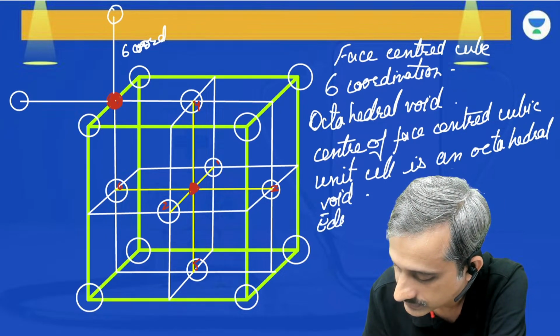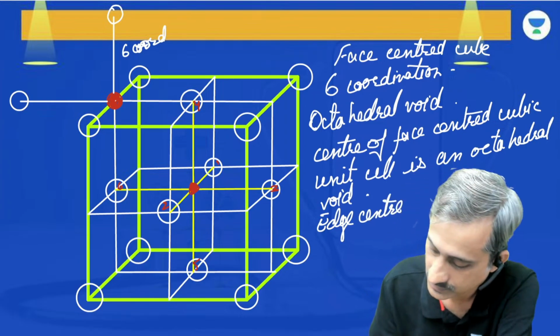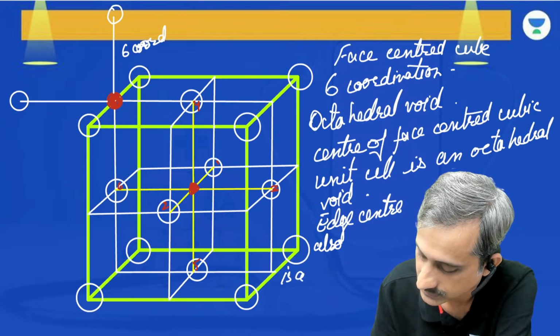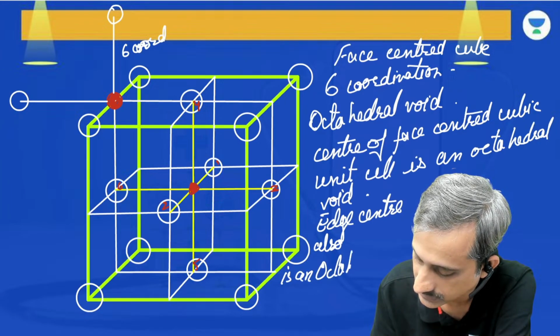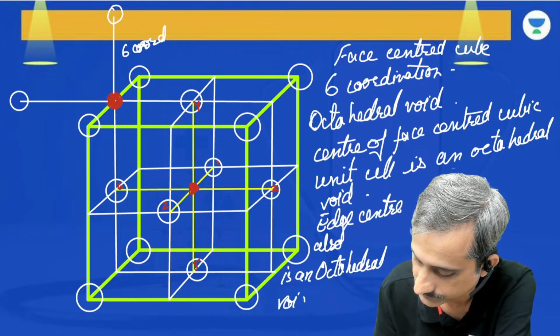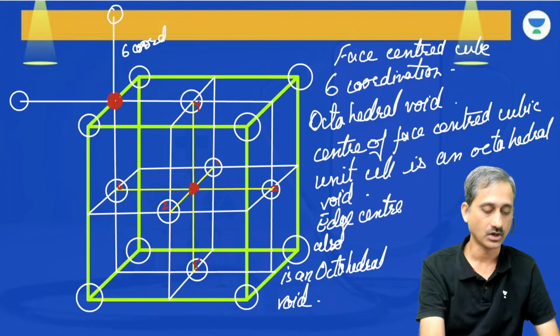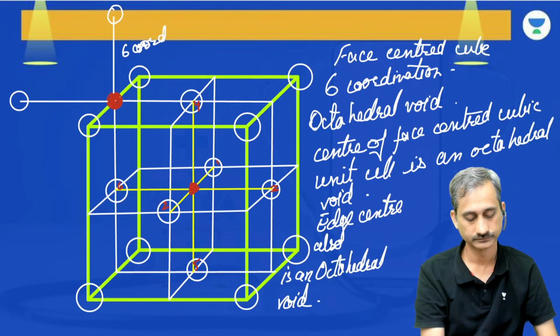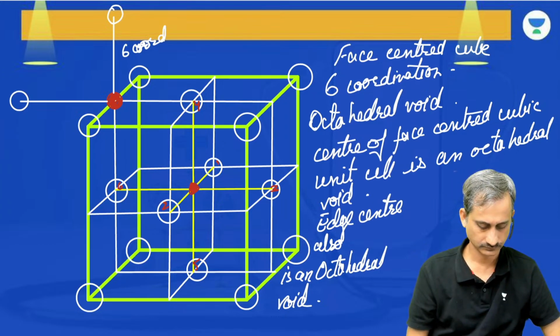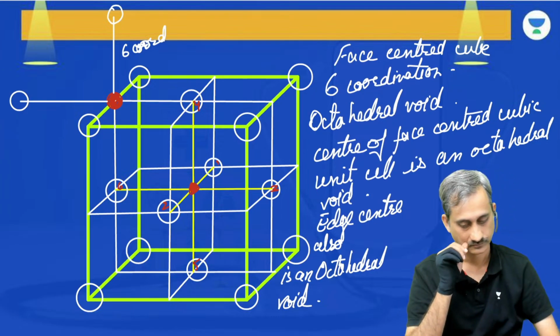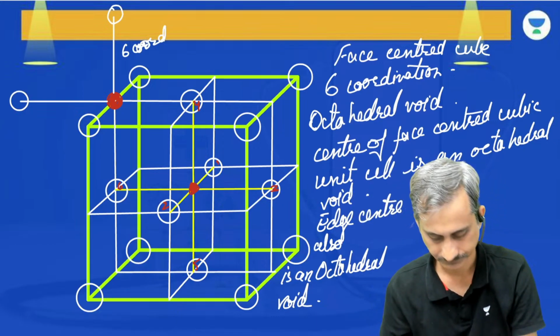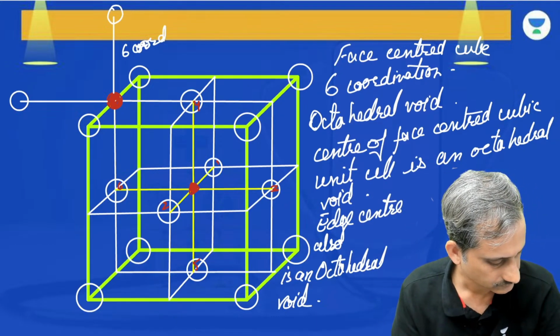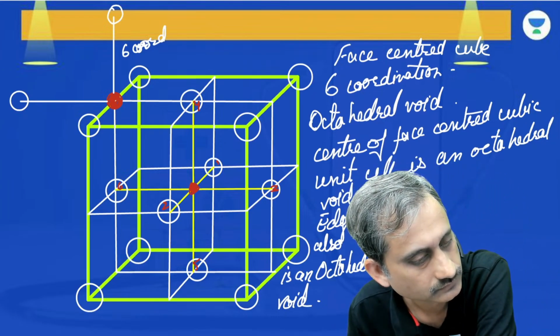So edge center also is an octahedral void. Edge center is also an octahedral void. Clear?